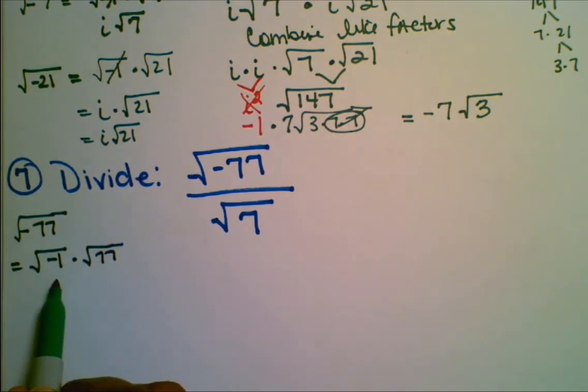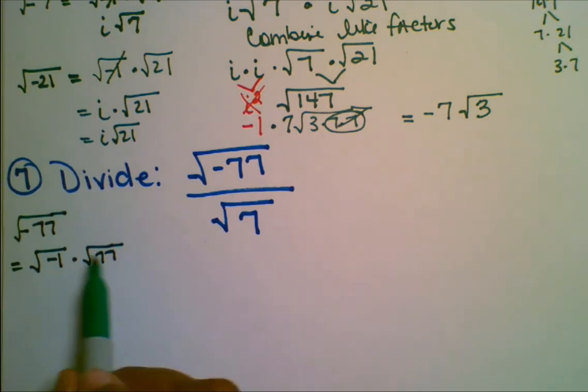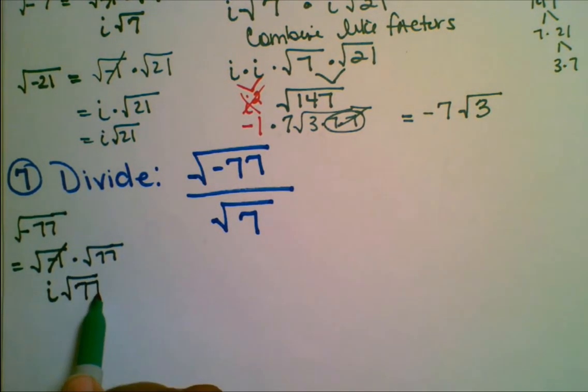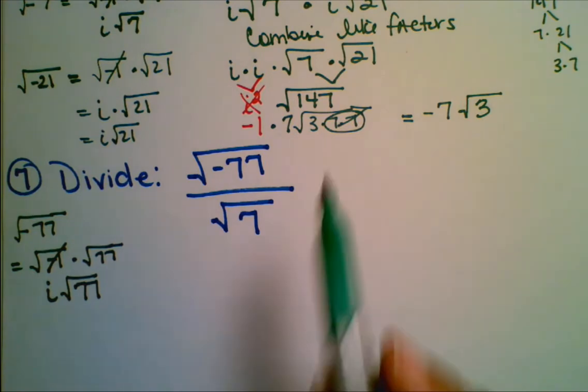So the square root of negative 1 times the square root of 77. Now tell me, what's the square root of negative 1, which is i. Now if we can simplify the square root of 77, do so. If we can't, keep it under the radical sign. And for this example, we cannot simplify the square root of 77. There are no perfect square factors.